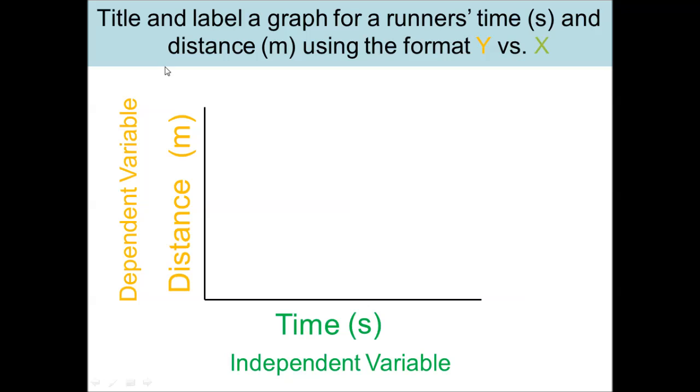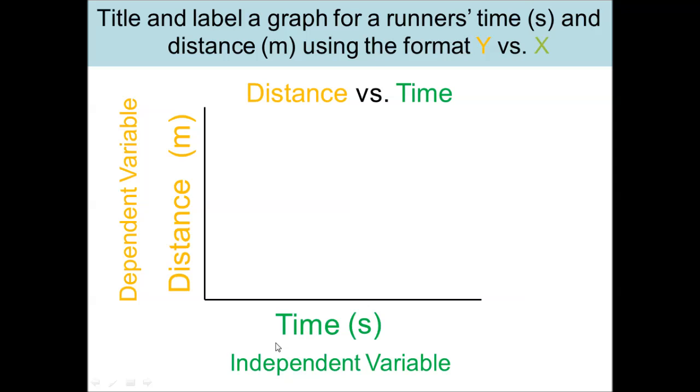And then, when you title your graph, the simplest way to do that is to just create a title that is y versus x. So in this case, just your distance versus time. And there you go. You created a title, you labeled it with units, and everything is good.